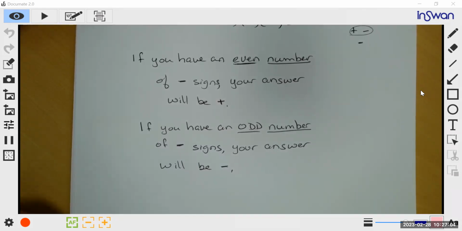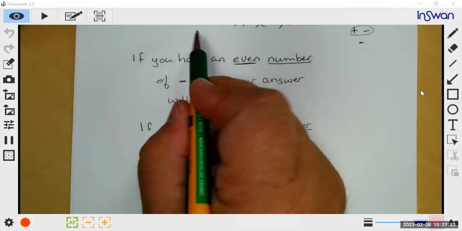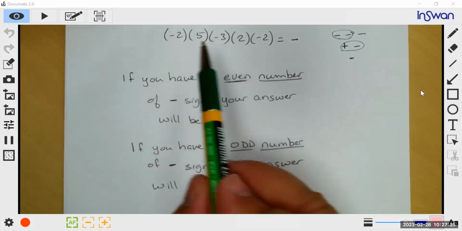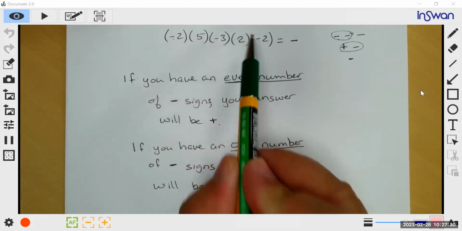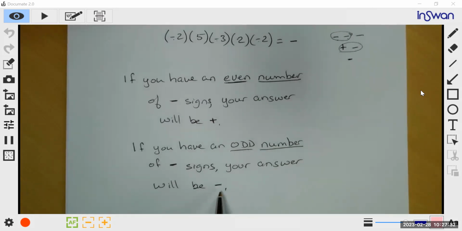Odd is negative, even's positive. So in our example here, we have 1, 2, 3 negatives. Since it's an odd number, we know the answer is going to be negative.